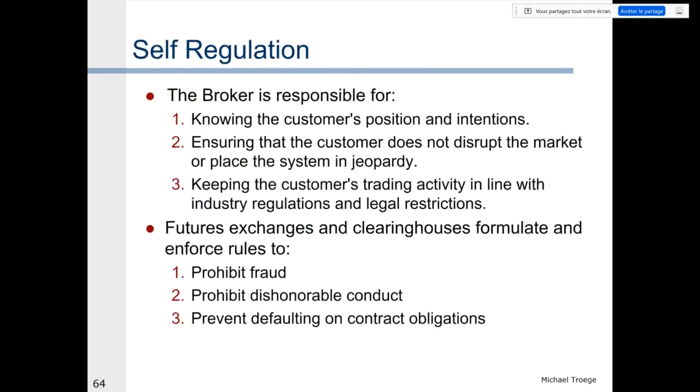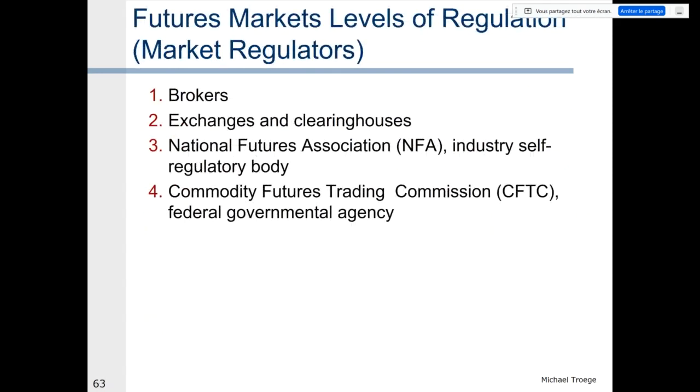Why? One of the reasons is that in the commodity, or more generally in the futures markets, the regulator is quite weak, and a lot of tasks are carried out by the NFA, the National Futures Association, which is actually a self-regulation by the industry.